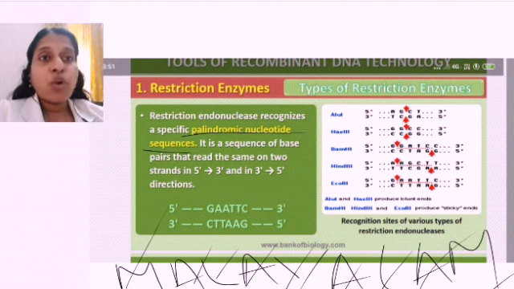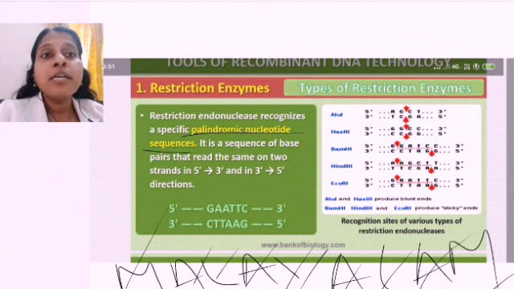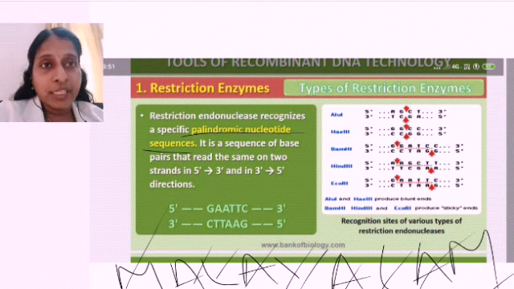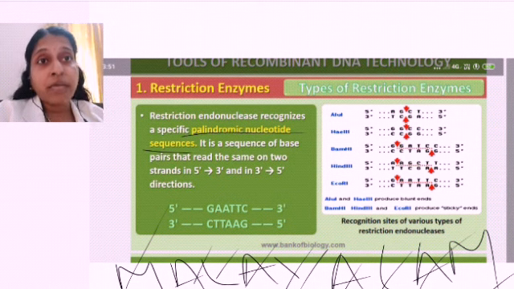So that sort of sequence we call what? Palindromic nucleotide sequences. The restriction endonuclease will recognize these sorts of sequences, where reading from 3' to 5' end as well as from 5' to 3' end, the nucleotide sequences are palindromic.